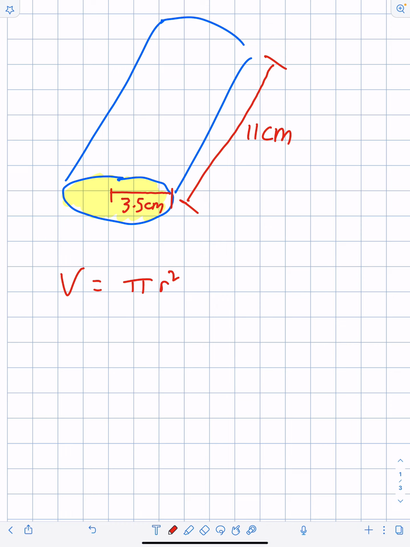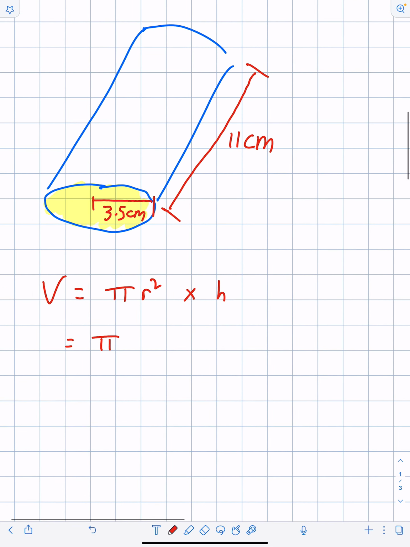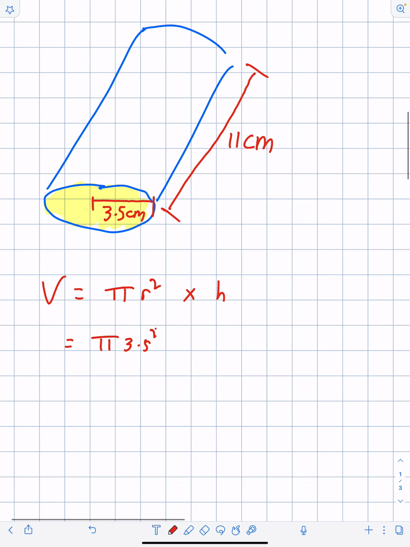And then we need to multiply it by the height of that can, which is 11 centimetres. So that's the height. Okay, and so the radius is 3.5, so it's pi times 3.5 squared times 11.